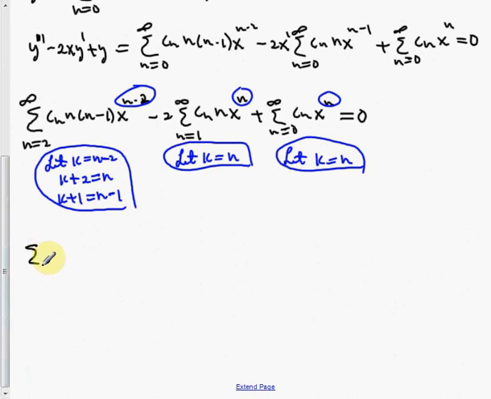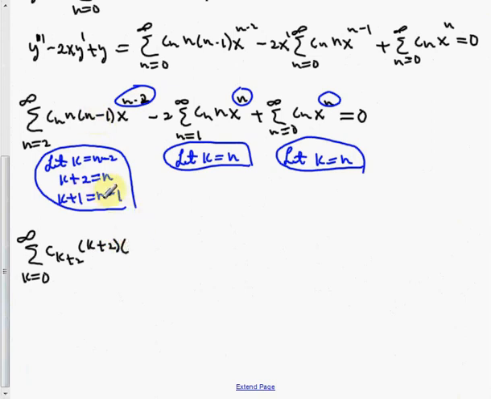So I'll come down. This is the summation as k goes from, well, if n is starting at 2, we get 2 minus 2, so k starts at 0 to infinity. This is c sub n, but that becomes c sub k plus 2. That n there is k plus 2 in parentheses.